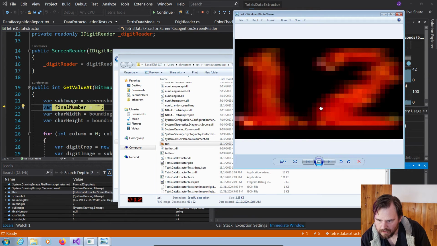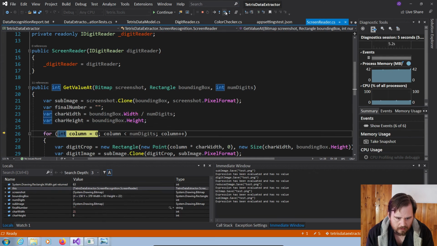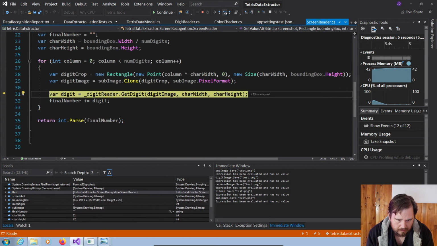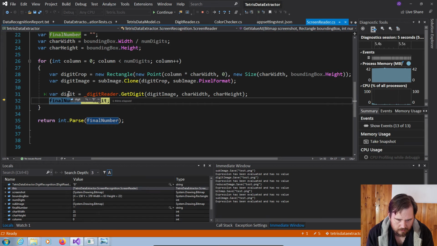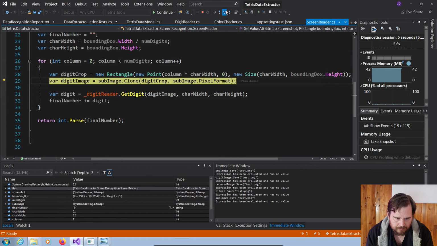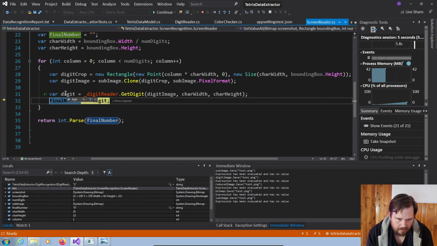How can that be? Okay. We are correctly finding this digit as a 0. The next digit is a 1.